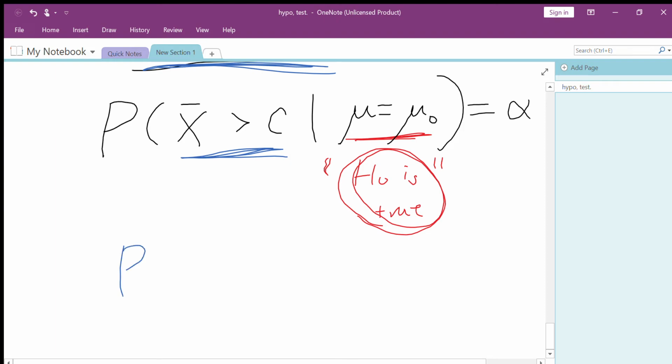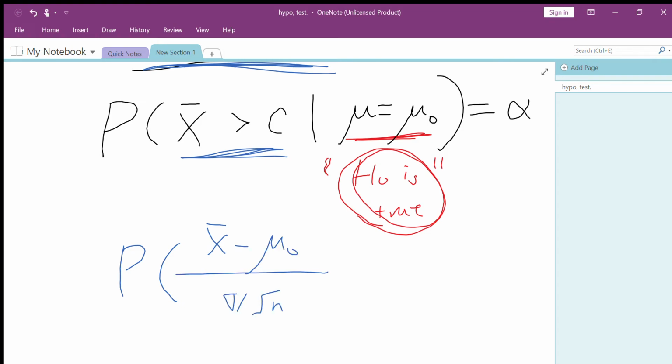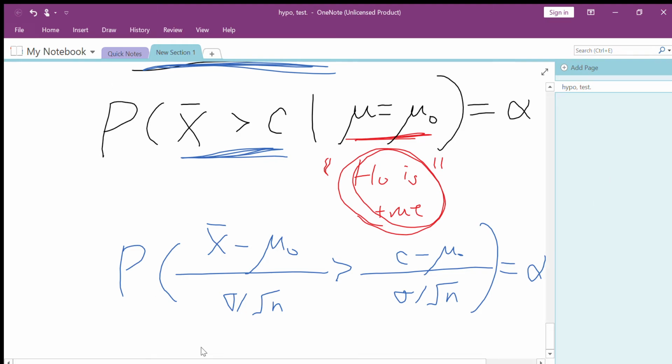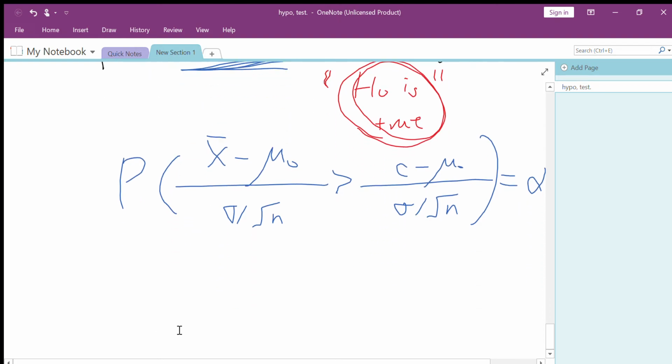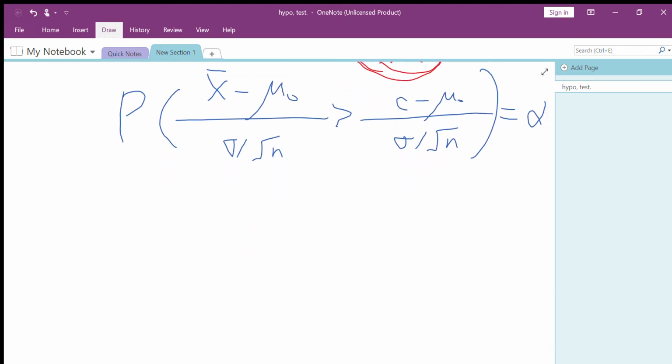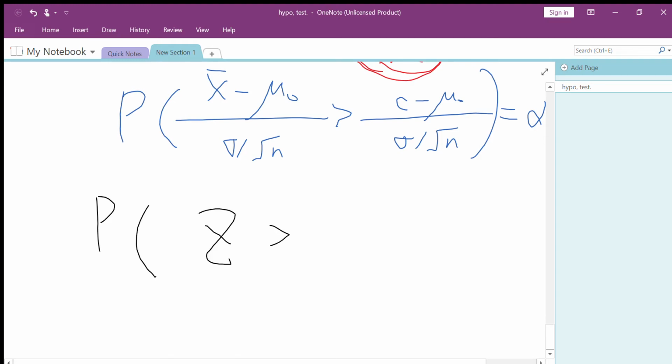And this probability can be rewritten, with the same trick, as x bar minus mu 0 divided by sigma divided by square root of n, greater than c minus mu 0 divided by sigma divided by square root of n, equals alpha. The last step is to plug in to find c. We plug in: z greater than c minus mu 0, which is 75 in the first example.